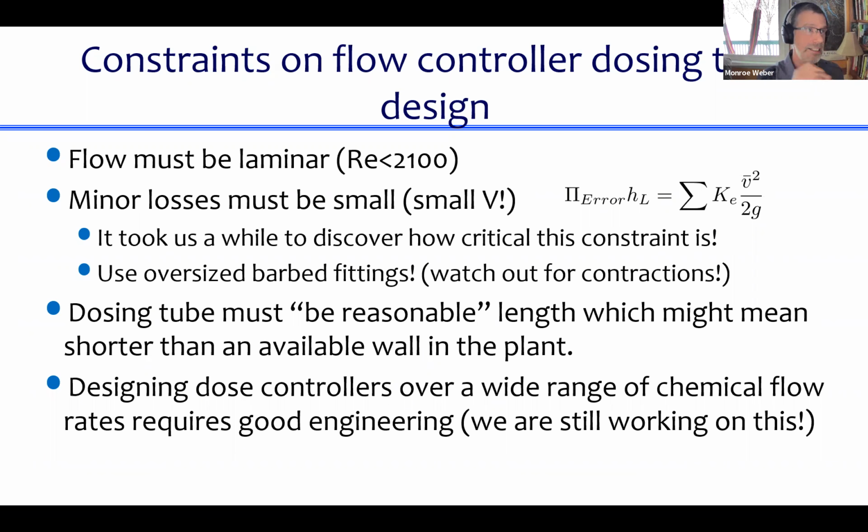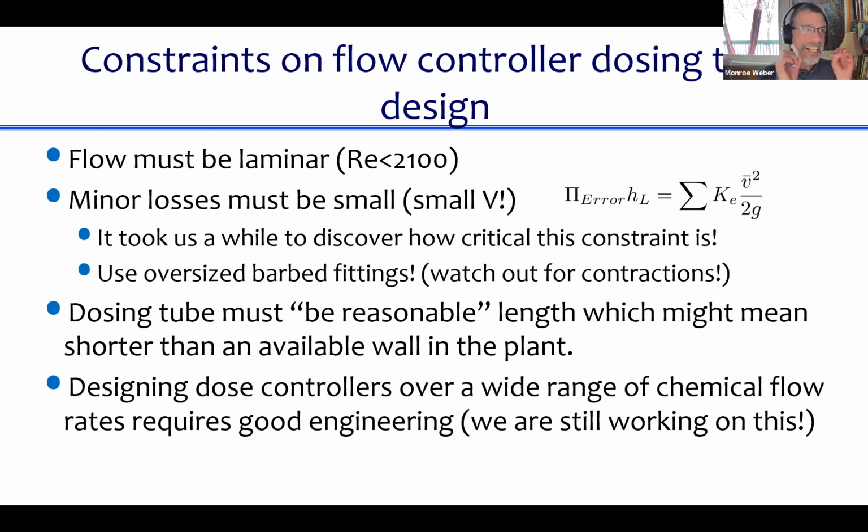Head loss is the total head loss you want to have through that tube, and you need just a tiny bit of that total head loss to be due to minor losses. So pi error might have a value of 0.1, which means that the losses that are due to minor losses could be at most 10% of the total losses.